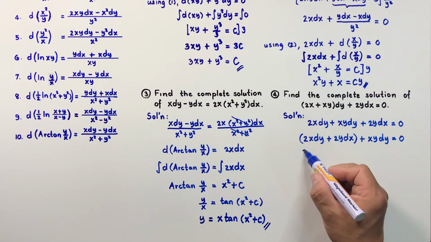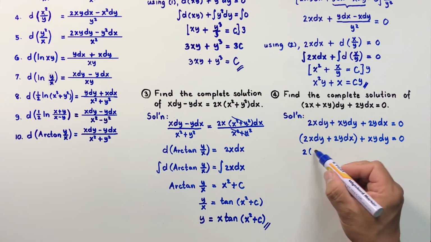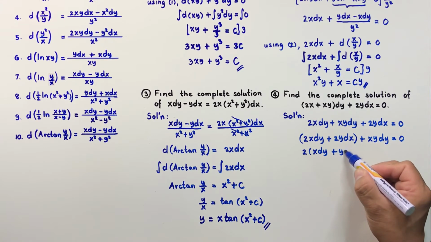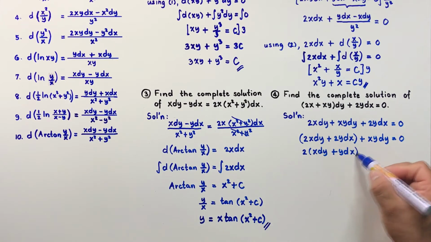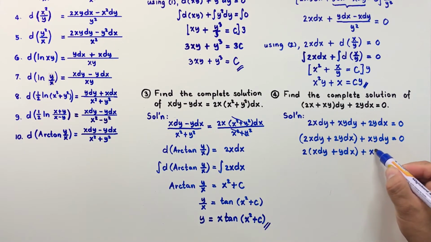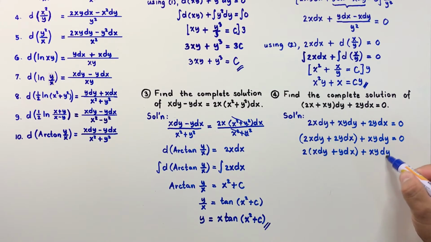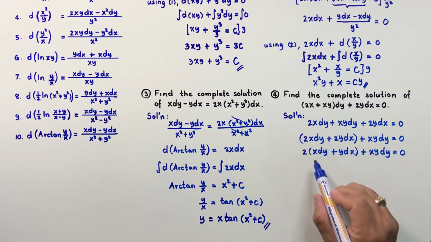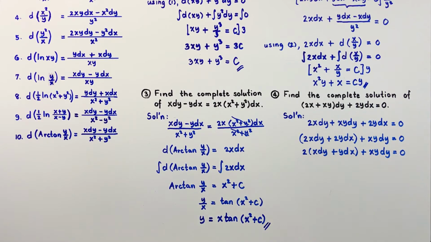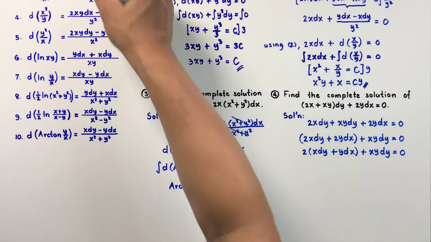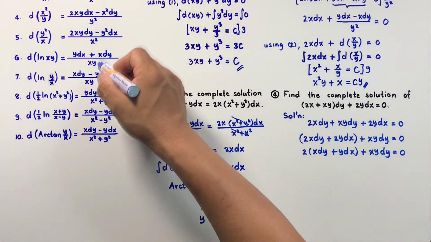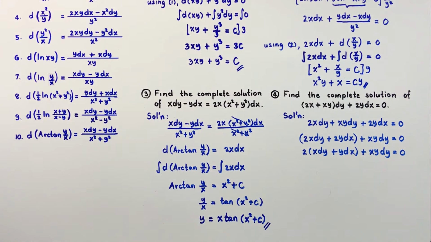So factoring 2 outside of these two terms, we have 2 times (x dy plus y dx), and this is added to xy dy. Now we notice that in this equation we have an integrable combination, the same as number 1 and number 6 here, but only in number 6 we don't have the denominator of xy.